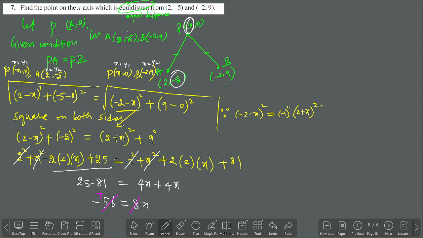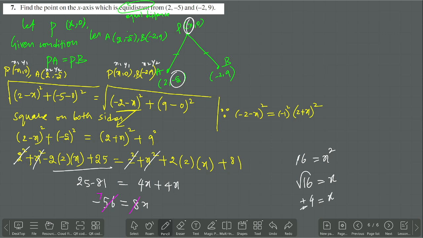Suppose after solving everything, you have here 4 equal to root 16. You take 16, and you are getting x square. When you send the square to the opposite side, you will get root 16 equal to x. What will you write as the x answer? Plus or minus 4 you should give.